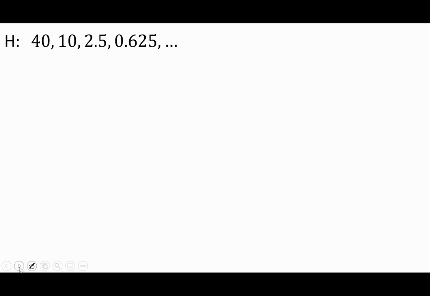And now we're going to look at the same sequence and generate its definition for the nth term. So again, the sequence is constant multiplication. And so repeated multiplication means that in this definition, we're going to be using an exponent, because repeated multiplication is what an exponent is. And I just noticed that this was actually H, minor detail.